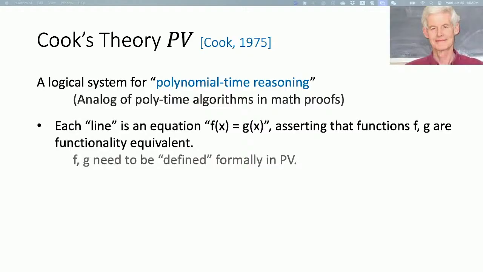Fortunately, any polynomial time algorithm can be defined in this logical system. Once you know how the polynomial time algorithm is constructed, you can define it formally. In fact, most of the common arithmetic operations can be defined in PV, such as multiplication, division, addition, etc. And you can also prove their properties in theory PV, such as a plus b equals b plus a, etc.